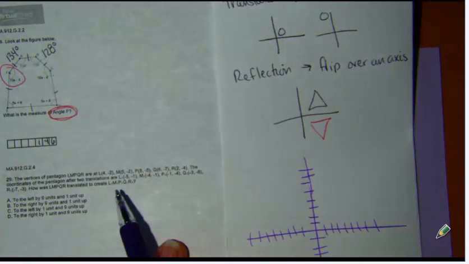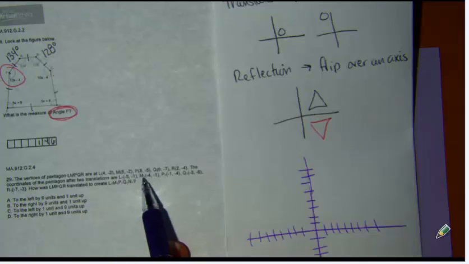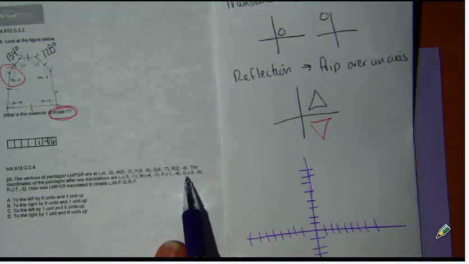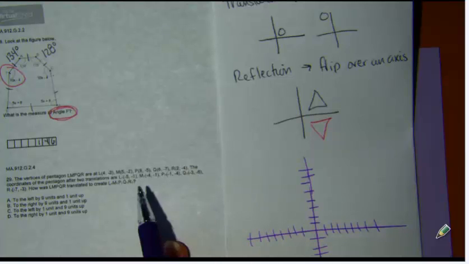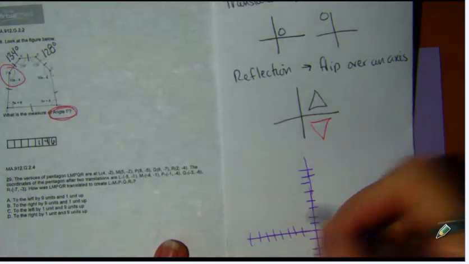And then I will draw, see how these have L1, M1, P1, Q1? That's letting you know it's the same shape, it just moved somehow. So I will draw that one in red. And then we'll compare the two figures to decide if it rotated or shrank or moved or whatever happened to it.